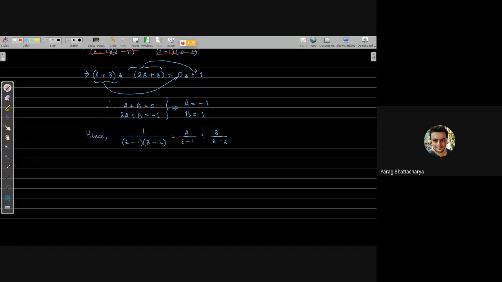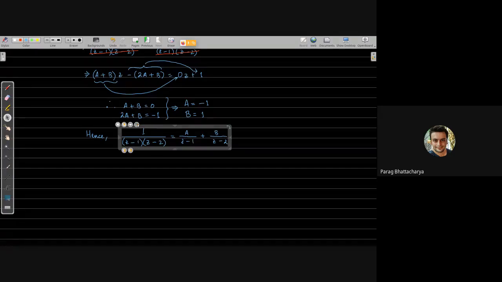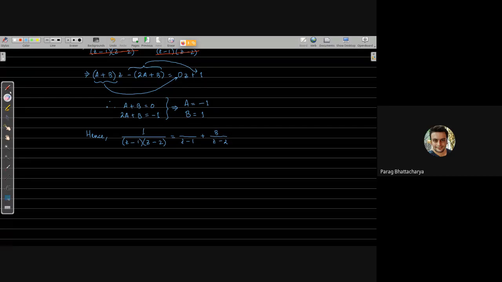A equals minus 1, and B equals 1. Okay, so this implies this is the function that we're talking about.